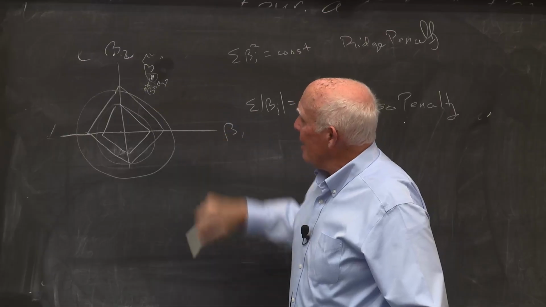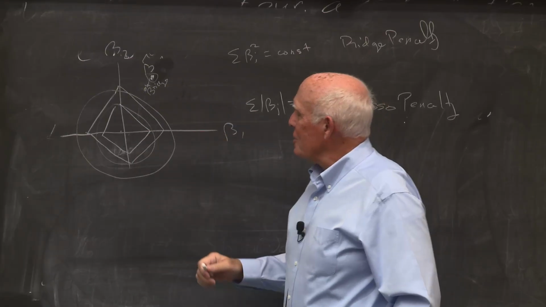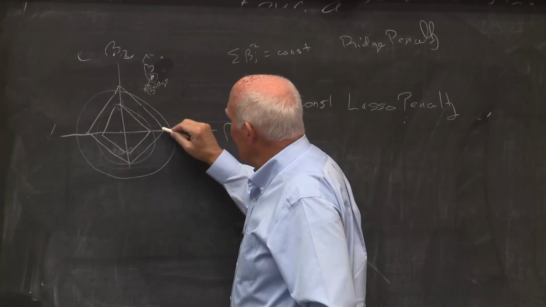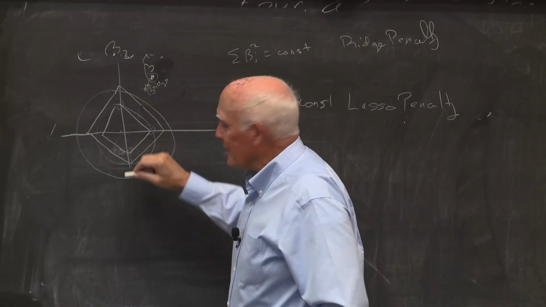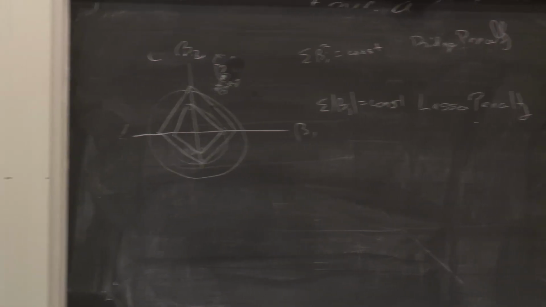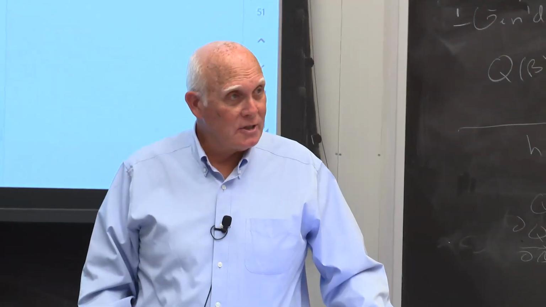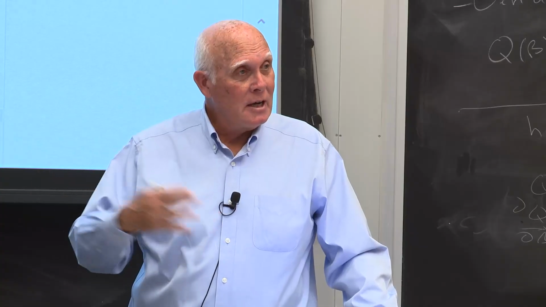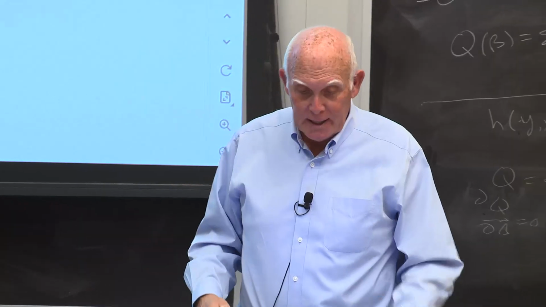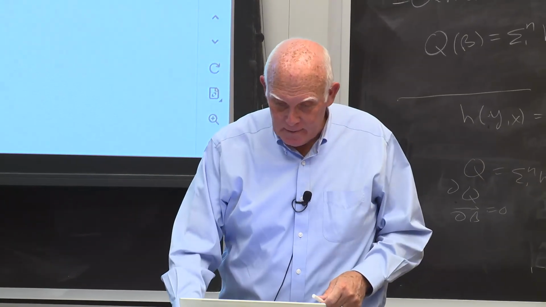This kind of penalty leads to shrinkage which tends to concentrate at the vertices of this penalty function. So we often get a Lasso estimate that has some null, 0-valued parameters. It's a way of excluding variables from the regression, depending on what lambda is.